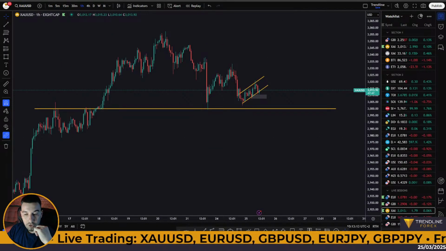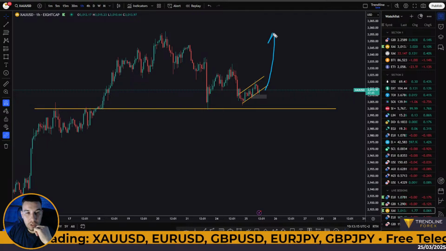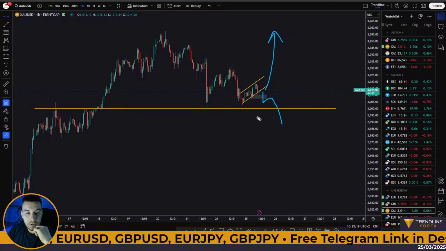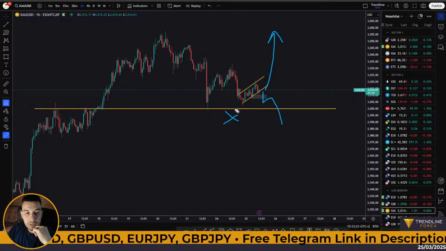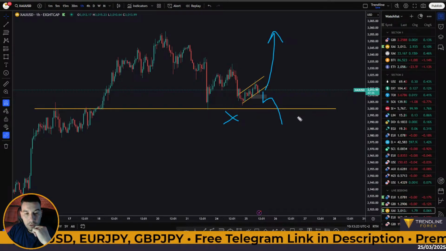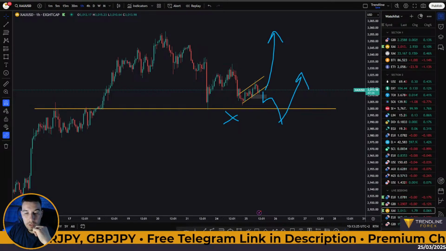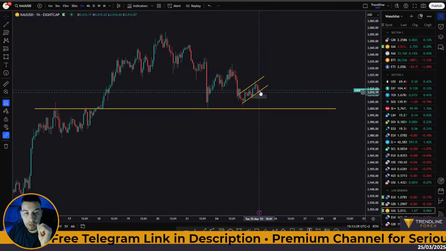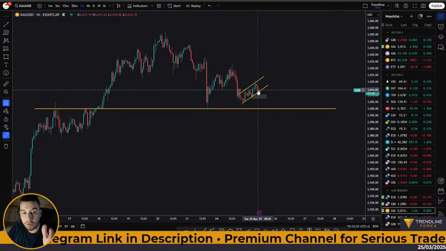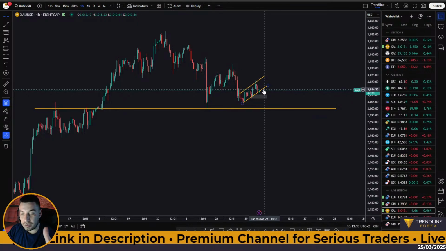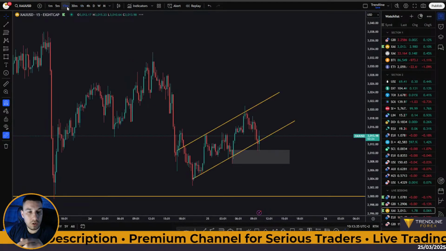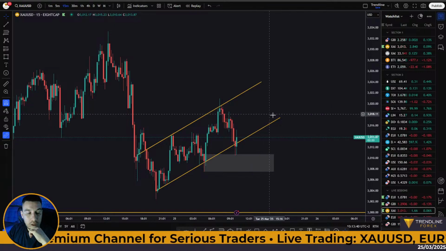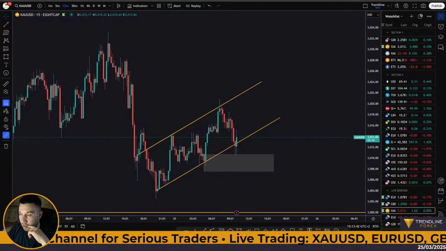I am just not sure whether we're going to start a move from current price levels, or are we going to do something like this to take out those stops sitting below that equal structure and then go back to the upside. But that is absolutely fine. If I get a losing trade up here, then I'm going to wait for another setup. If I get another decent setup, I'm again going to execute a trade. But I do like what I see here on the 15-minute time frame so far.